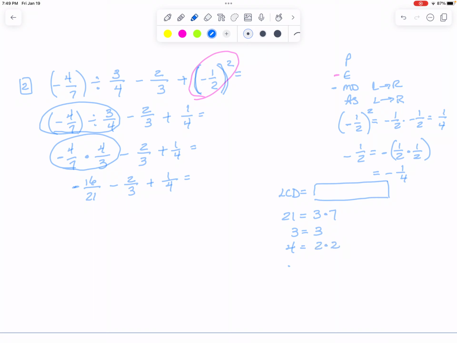And there's a rule that says to find the LCD, you list each unique factor the greatest number of times it occurs in any one denominator.